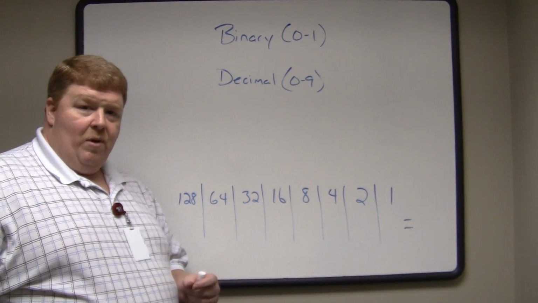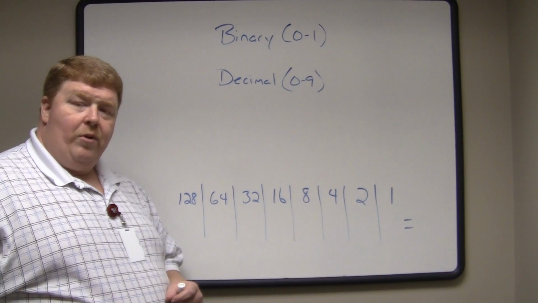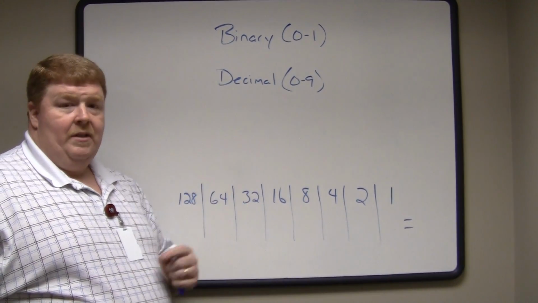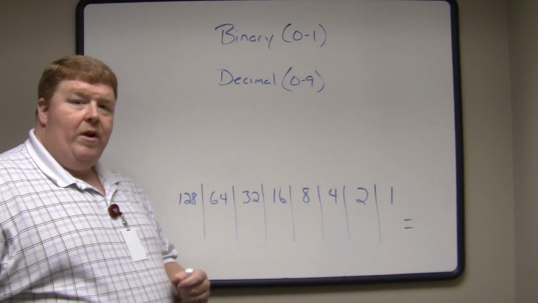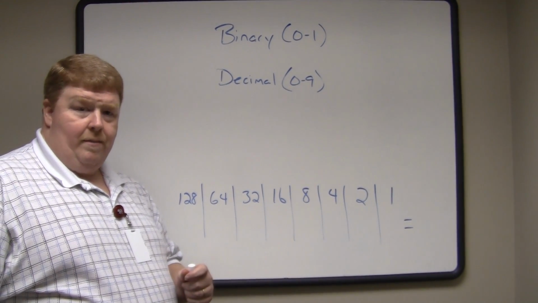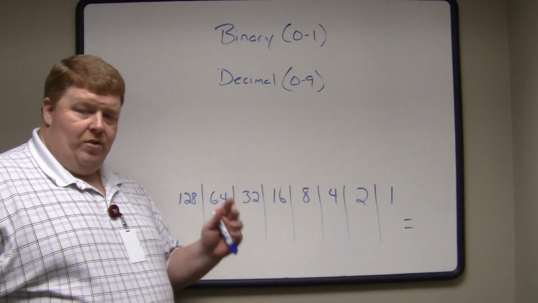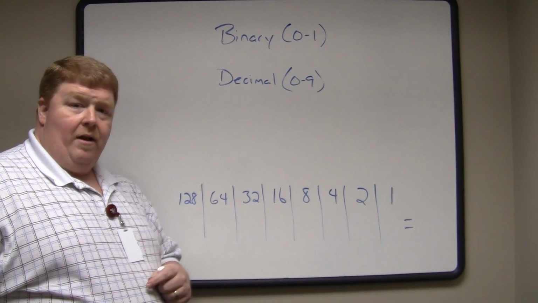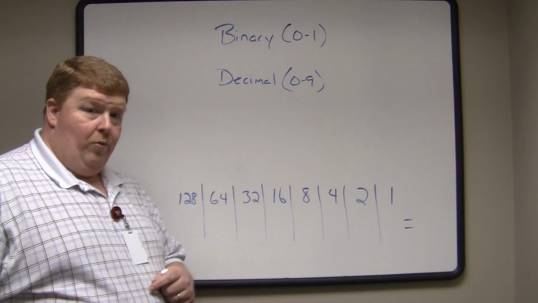Now, the numbering system that we've been taught our entire lives, ever since we were kids, is called the decimal numbering system. The decimal numbering system is what we call a base 10 numbering system, and it consists of the numbers 0 through 9. Any number you can think of will only have the numbers 0 through 9 in it.